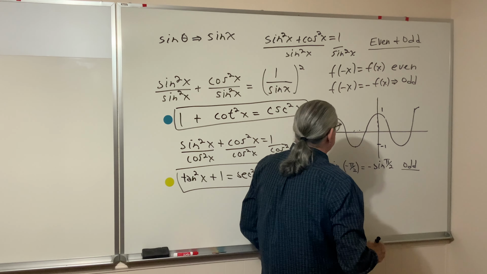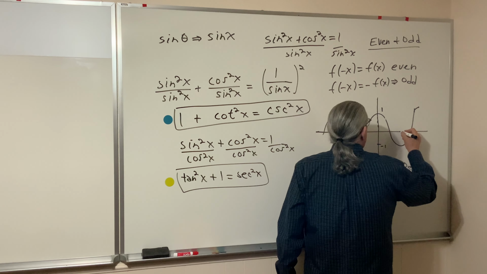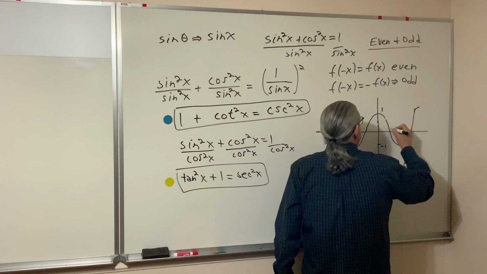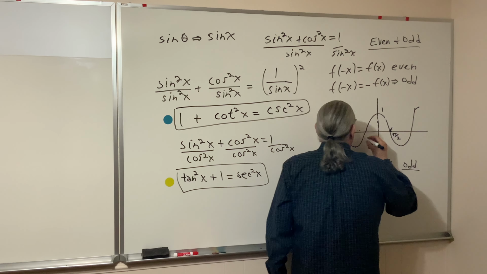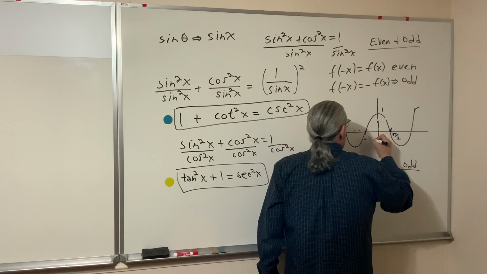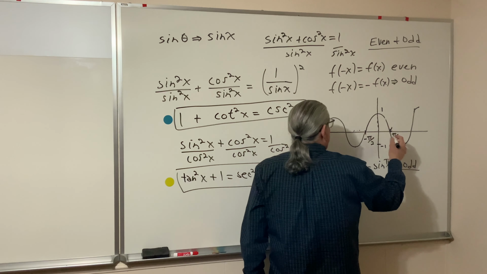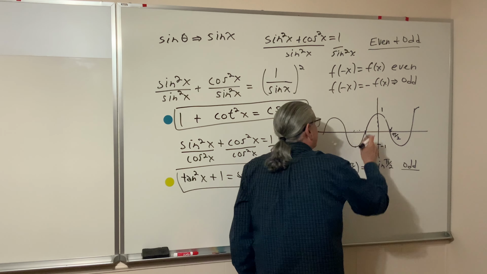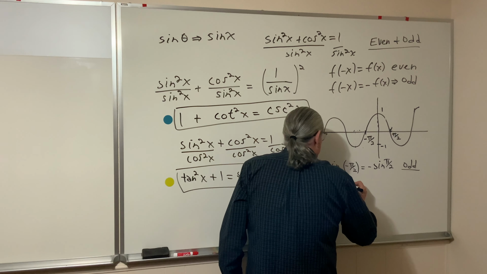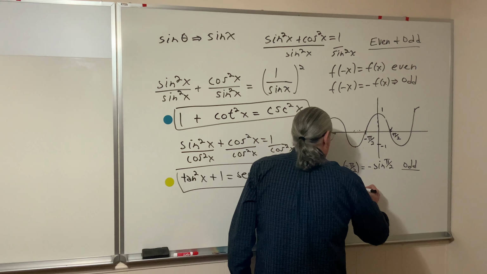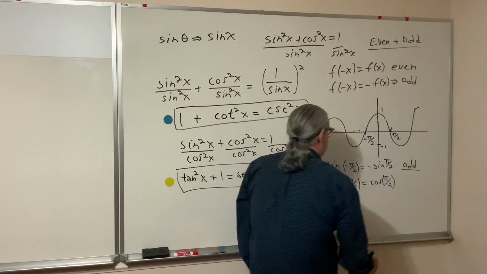So let's just do pi over 2 and negative pi over 2 again. The cosine of pi over 2 is 0, and the cosine of negative pi over 2 is also 0. So the cosine of negative pi over 2 is equal to the cosine of pi over 2. So it's even.